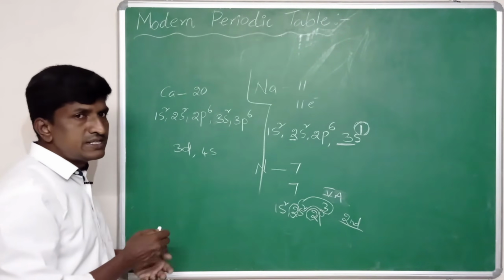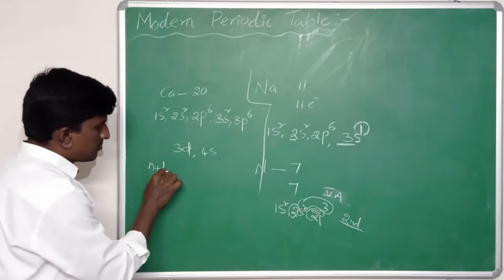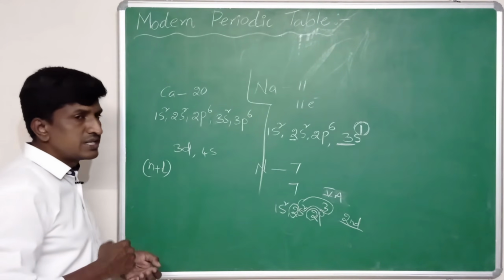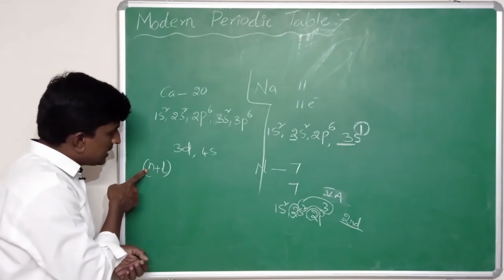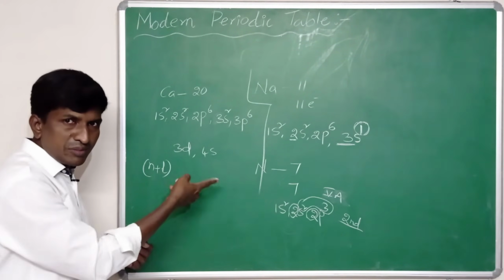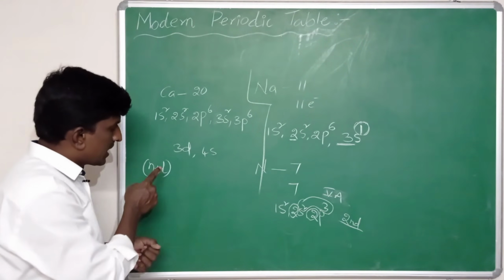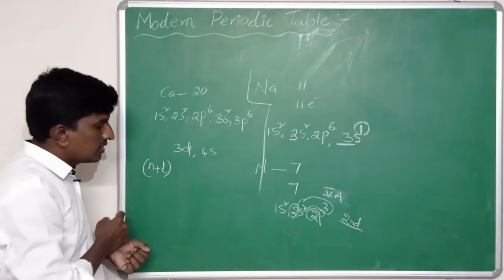Here how do we decide the low energy orbital? It is simple: the n plus l value gives the low energy orbital. Here n is the principal quantum number, or the number of the main shell, and l is the angular momentum quantum number, which depends on n.